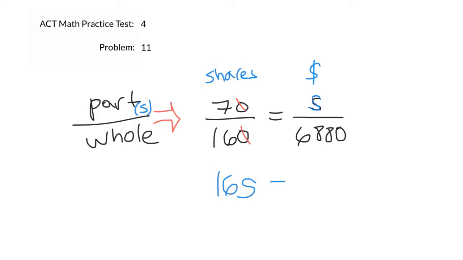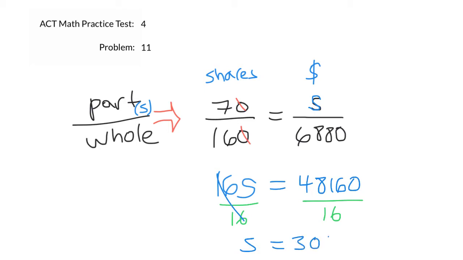So it's going to be 16s equals 7 times 6880, and that is 48160. And then dividing both sides by 16 would give us s equals, obviously these cancel, s equals 3010.